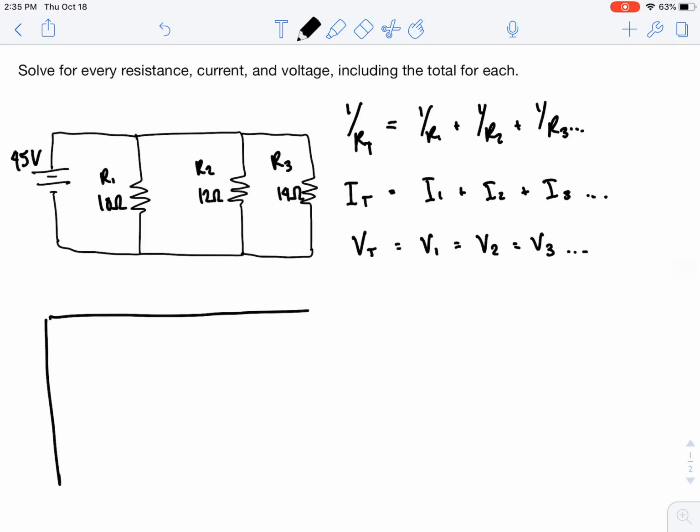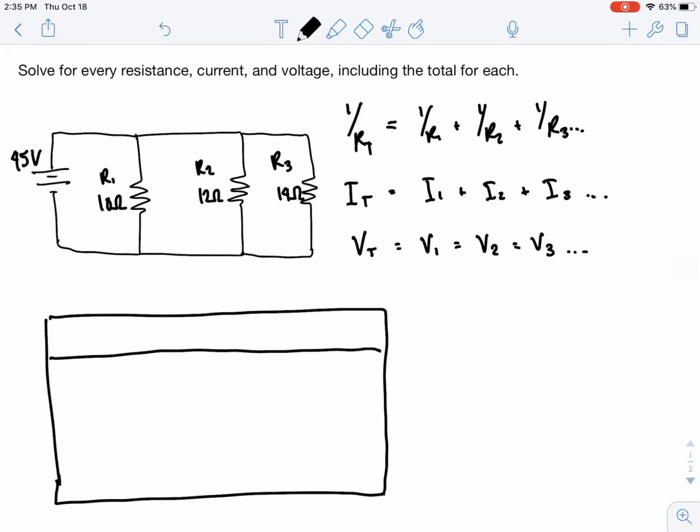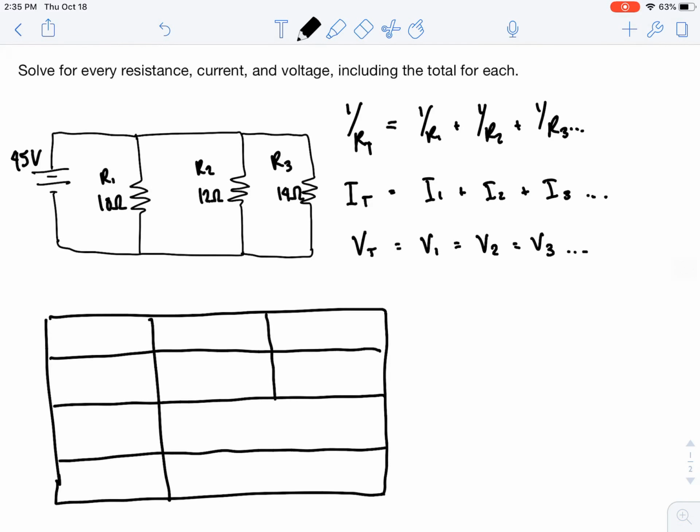Let's go ahead and draw our box like we did last time. I recommend doing this for every problem that you get regarding this. It will help you keep your work organized, and in my class, I would actually expect that these boxes are drawn just for the practice and the organization. And in addition to these, we have our own individual components, R1, R2, R3.